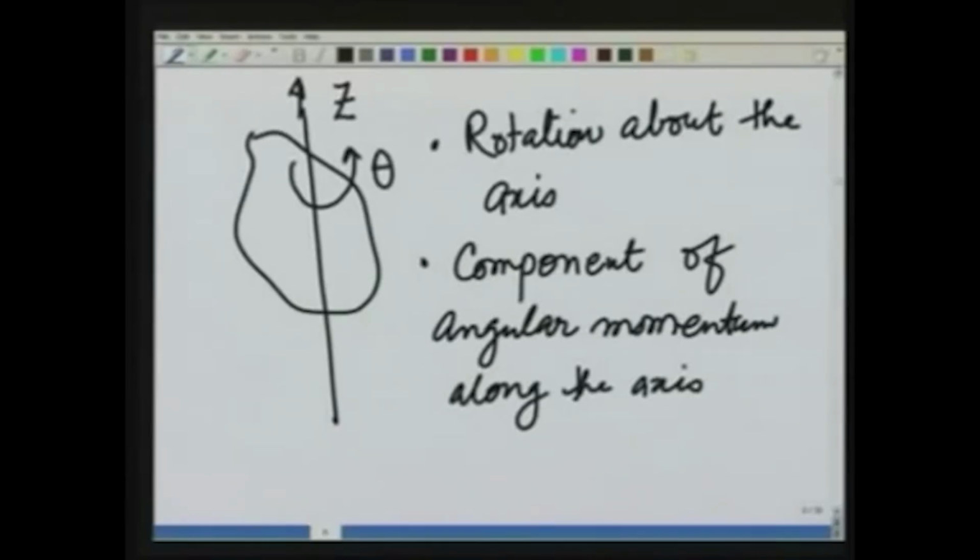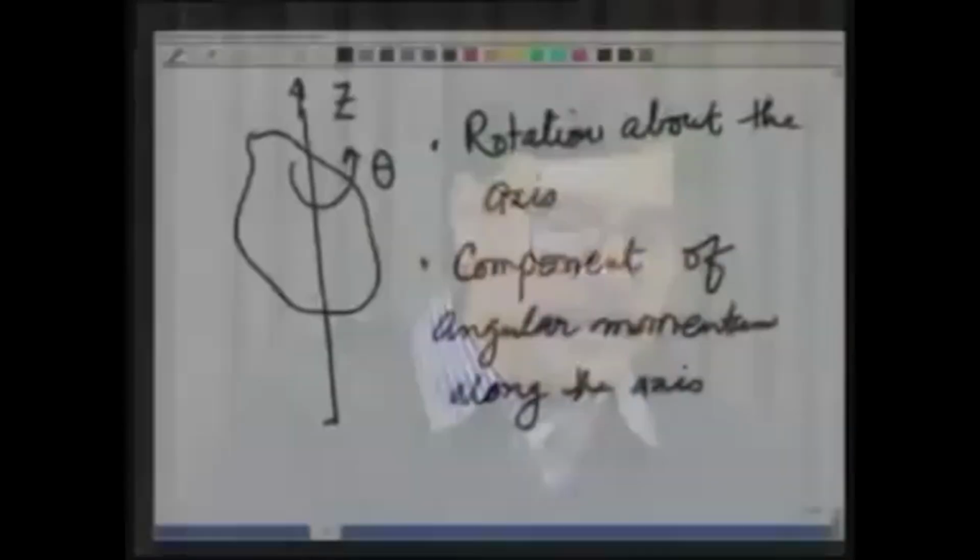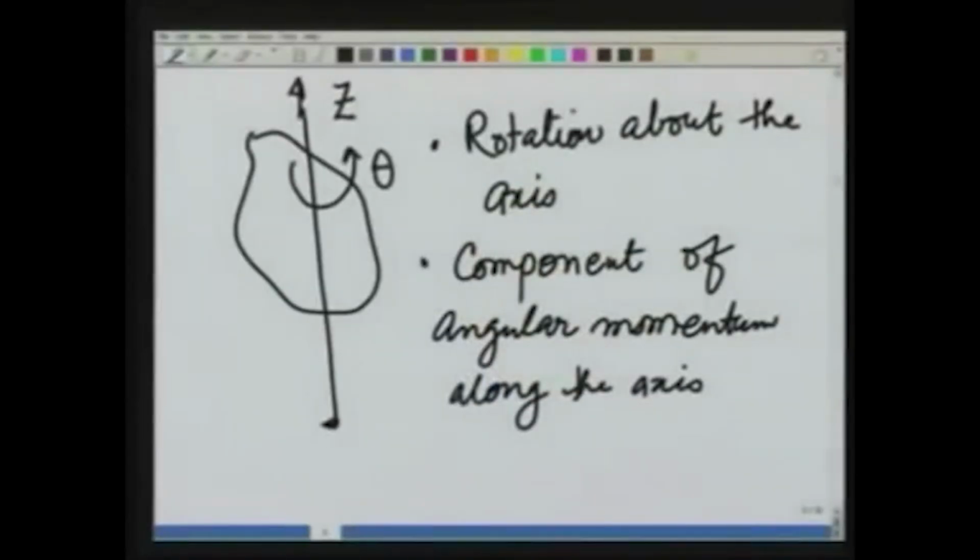Any other component of angular momentum, even if it changes, is sort of compensated for or balanced by the torques applied on the axis to keep it fixed in space.